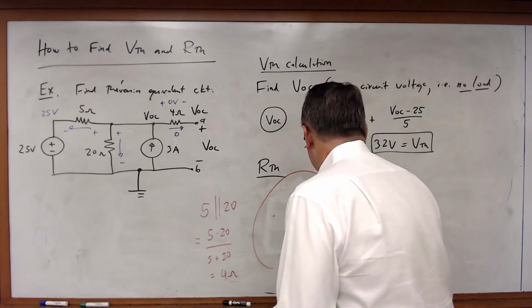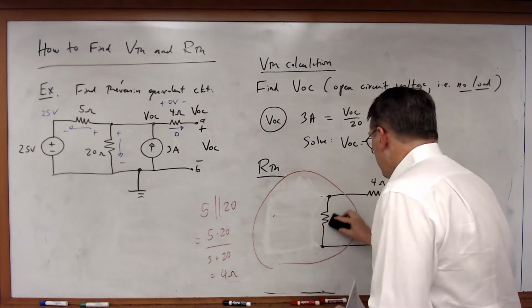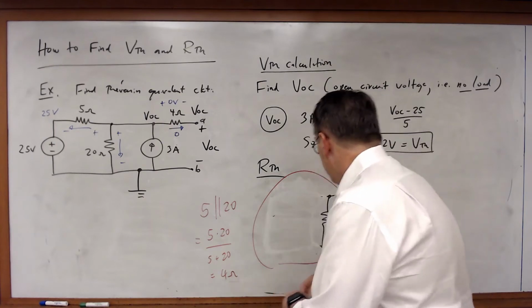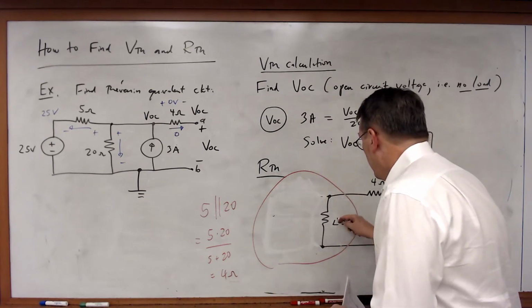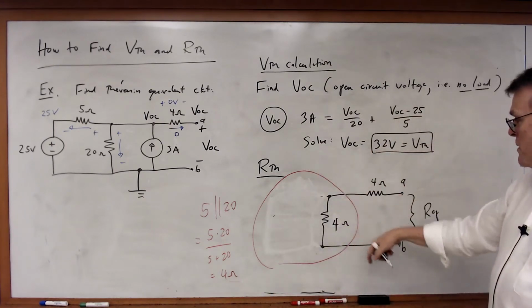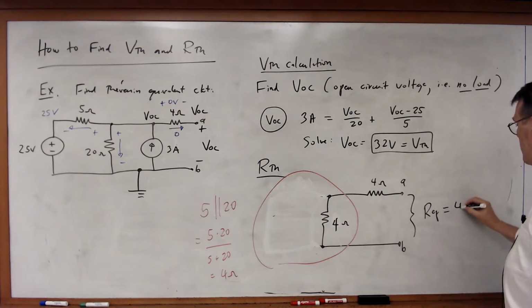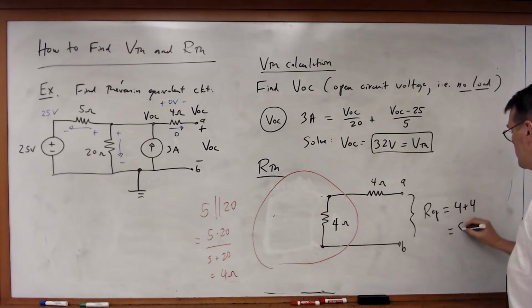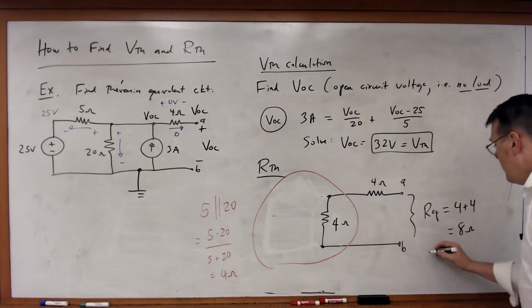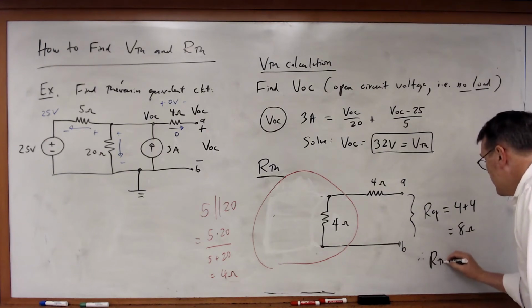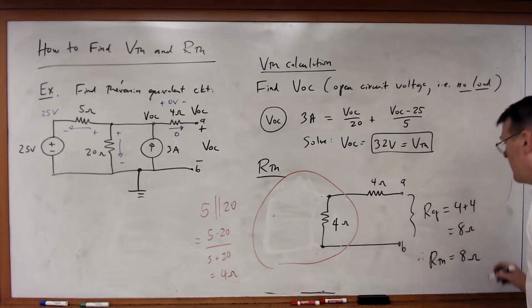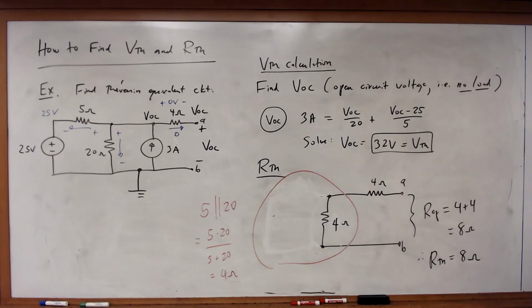So I'll get rid of that and make that into a 4 ohm resistor. Now I've got 4 plus 4, and therefore Req is equal to 8 ohms. And therefore RTH is equal to 8 ohms. And there's my answer.